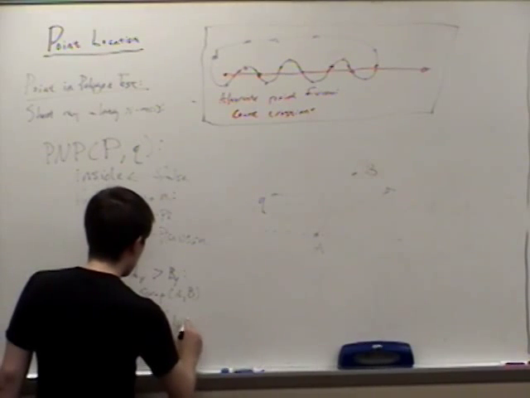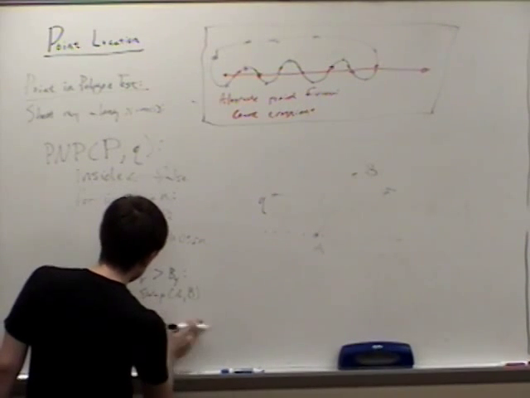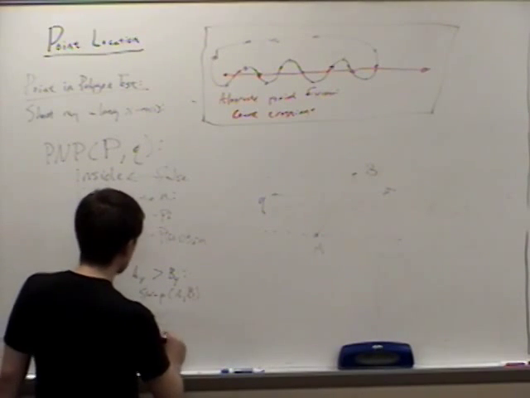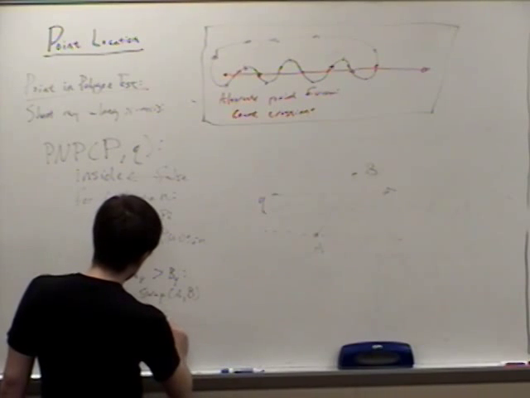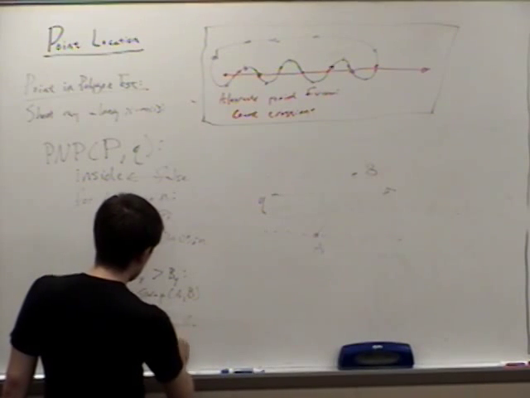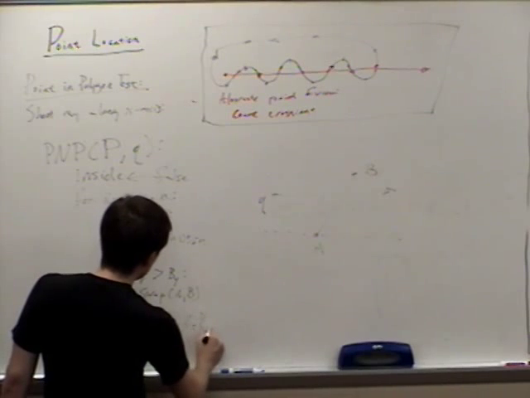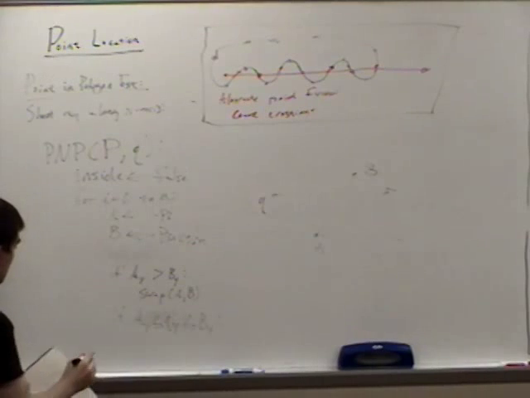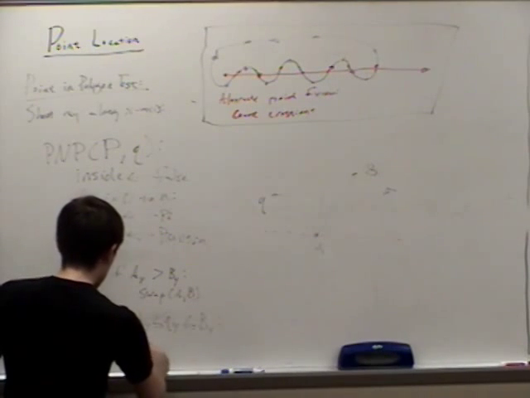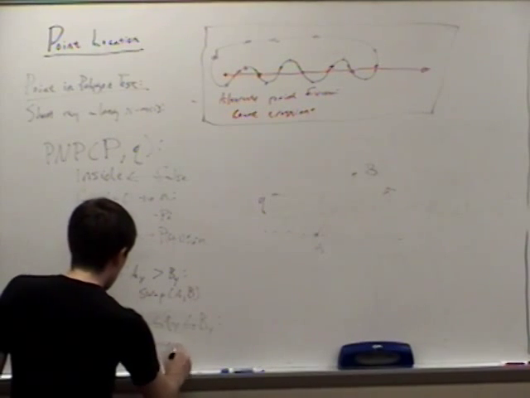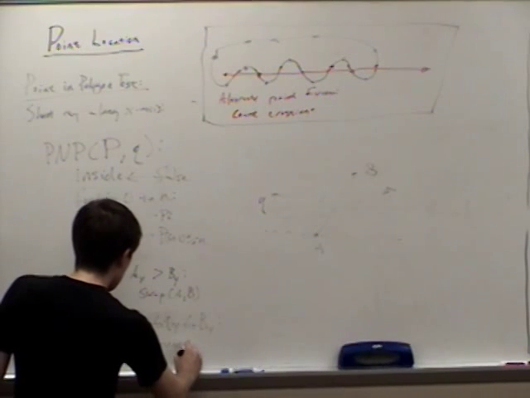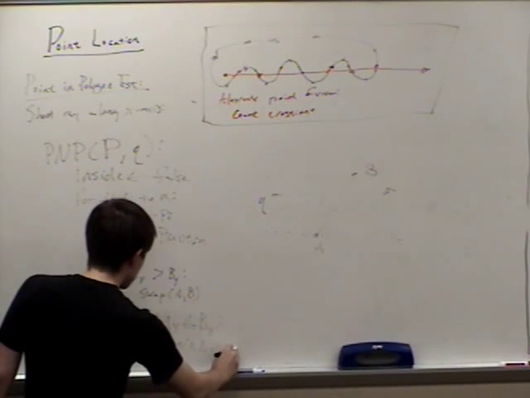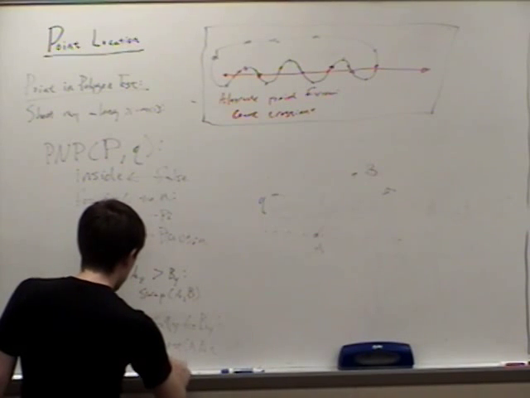The first case is, if A_y is less than or equal to Q_y, and Q_y is less than or equal to B_y, so the first thing is we're going to check if Q is contained in this slab. And then if orient(A, B, Q) is less than 0, then we'll just flip the parity here.